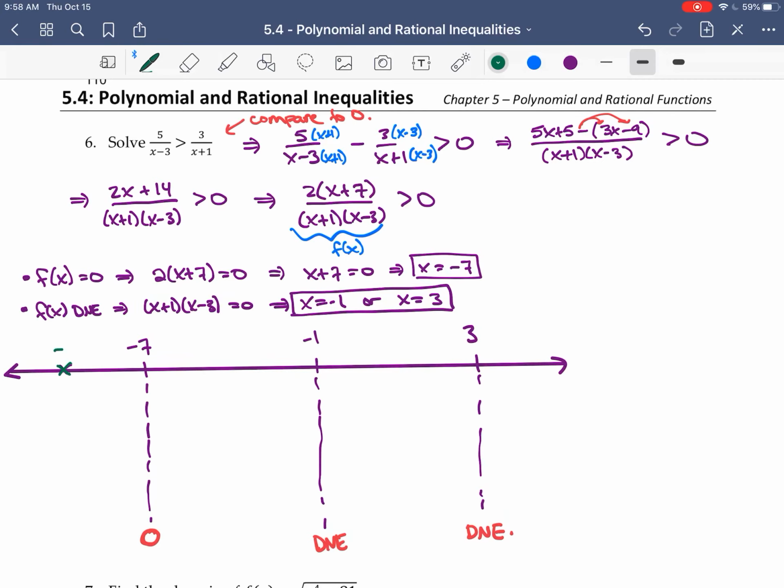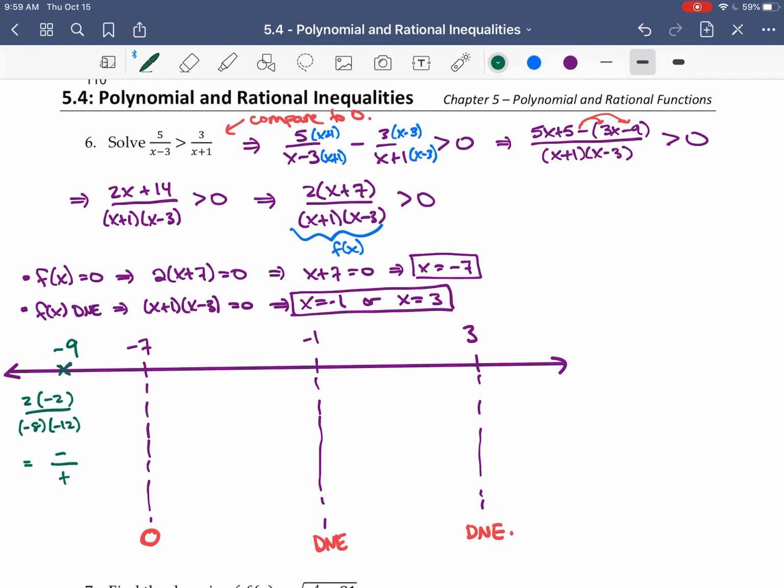Maybe we try negative 9. If I plug in, it's going to be 2 times negative 9 plus 7 is negative 2, over negative 9 plus 1 is negative 8, and negative 9 minus 3 is negative 12. So the top is negative, because it's 2 times negative 2, it's actually negative 4.